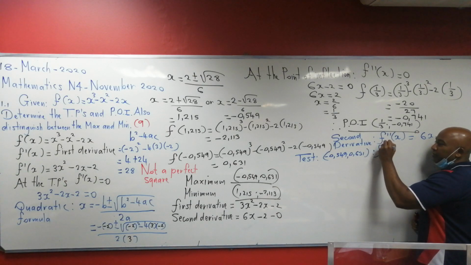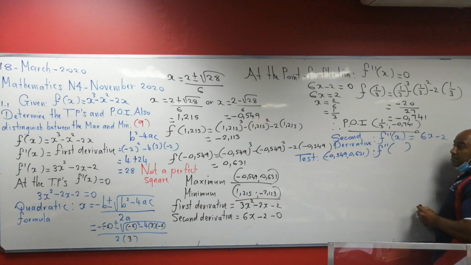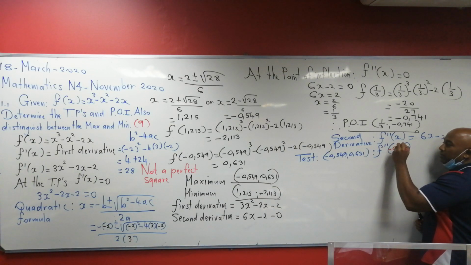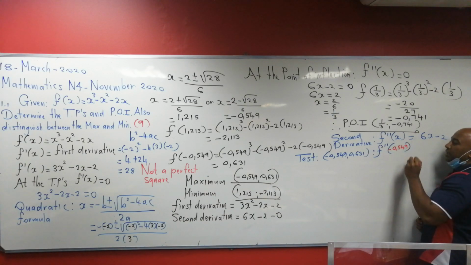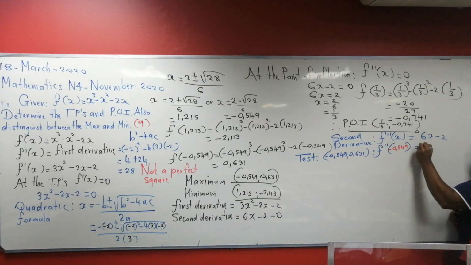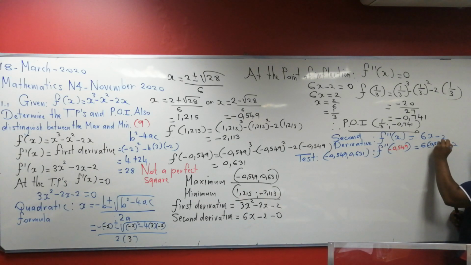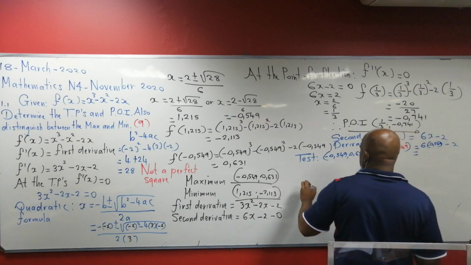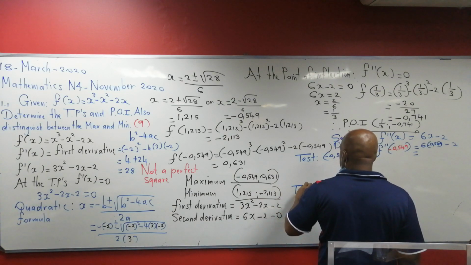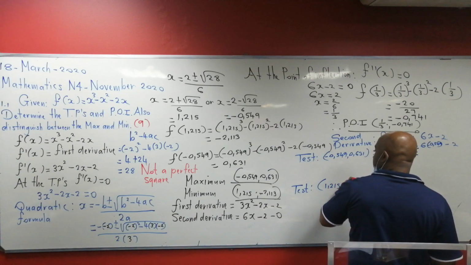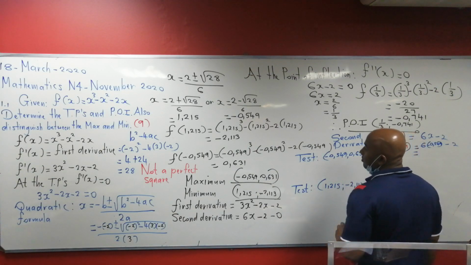So I'm going to go second derivative of minus 0,549. So we will substitute into the second derivative, and we'll get an answer. Then you do the second one too, which is 1,215 minus 2,113.